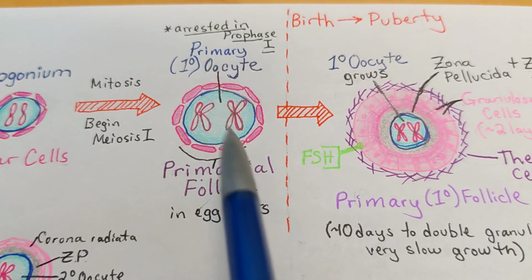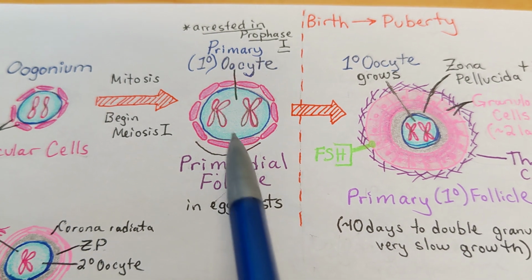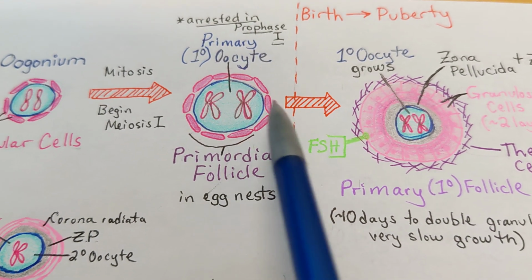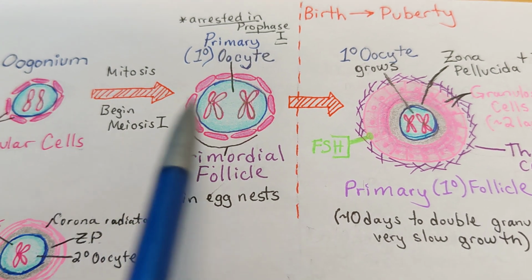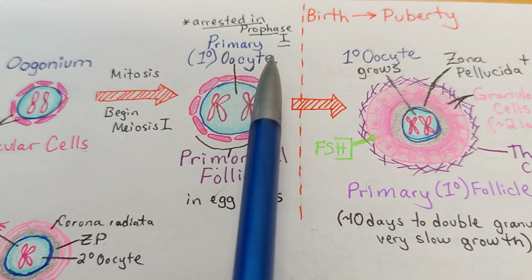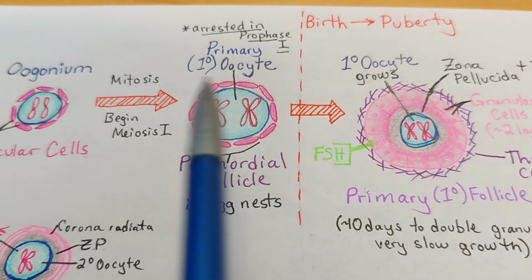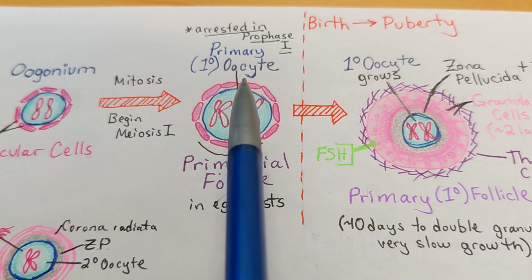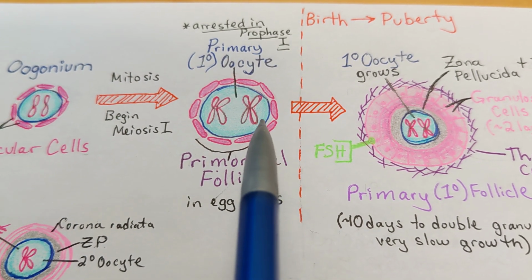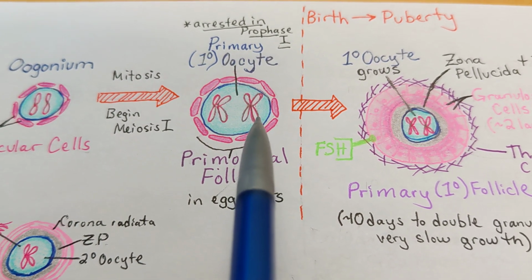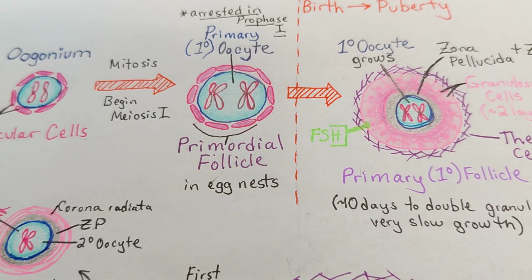Here, before birth, in the developing female embryo and then fetus, in her ovaries, oogonia begin the process of meiosis 1. They arrest this process in prophase 1, and we call this cell a primary oocyte. Just like a cell going through meiosis 1 in a male would be a primary spermatocyte, here we have a primary oocyte.